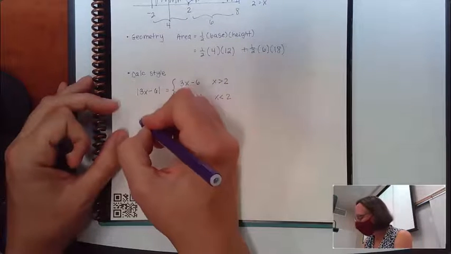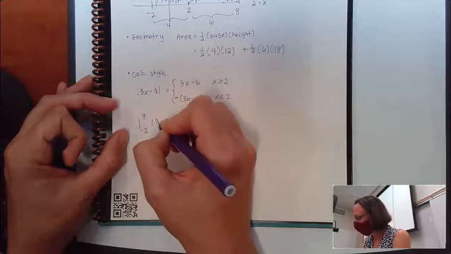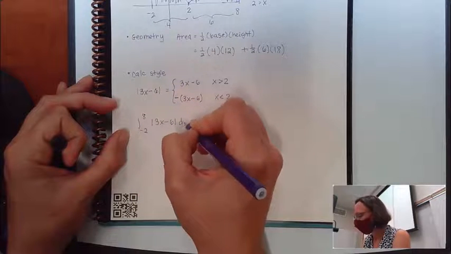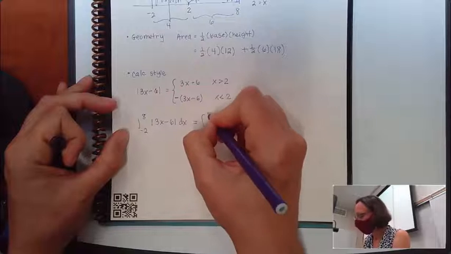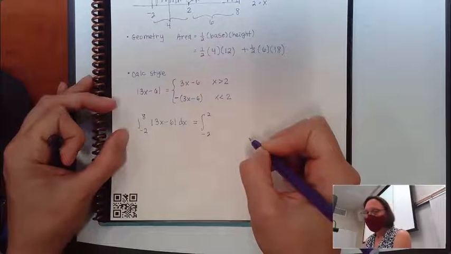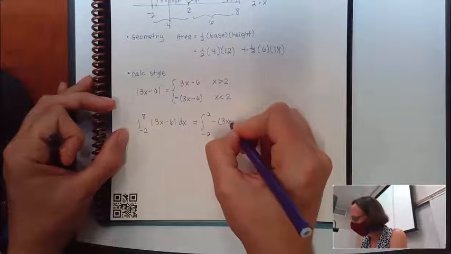That means that we've got to take our first integral that went from -2 to 8 of absolute value of 3x minus 6 dx and turn that into something from -2 to 2, where we actually swapped the function out for negative of it.